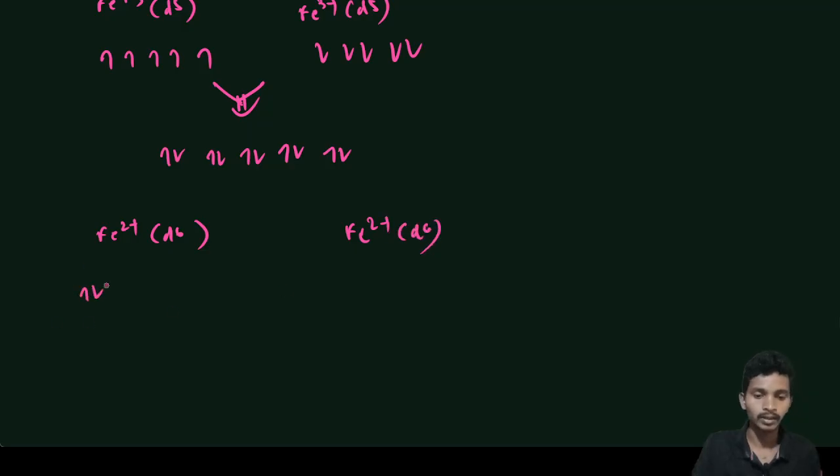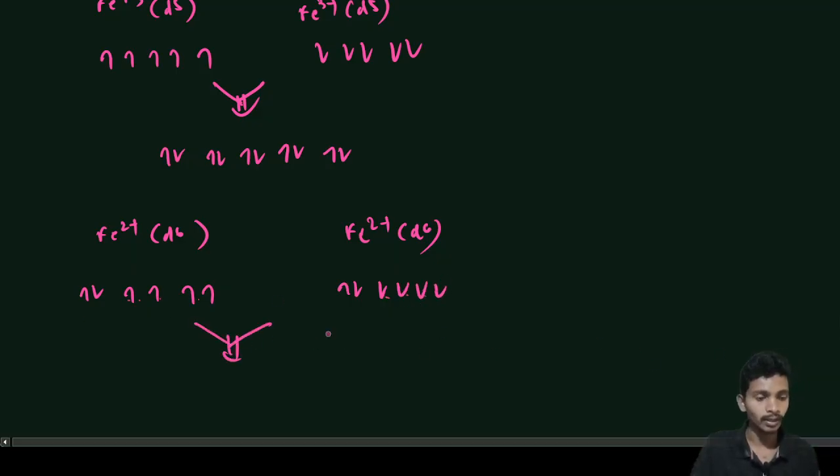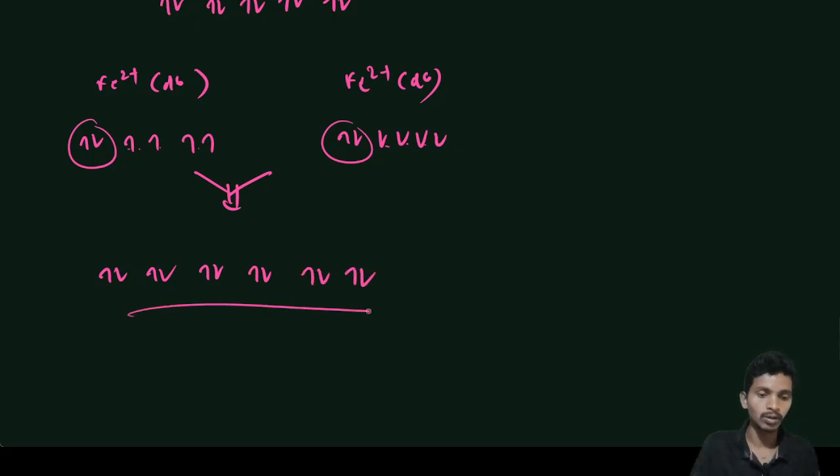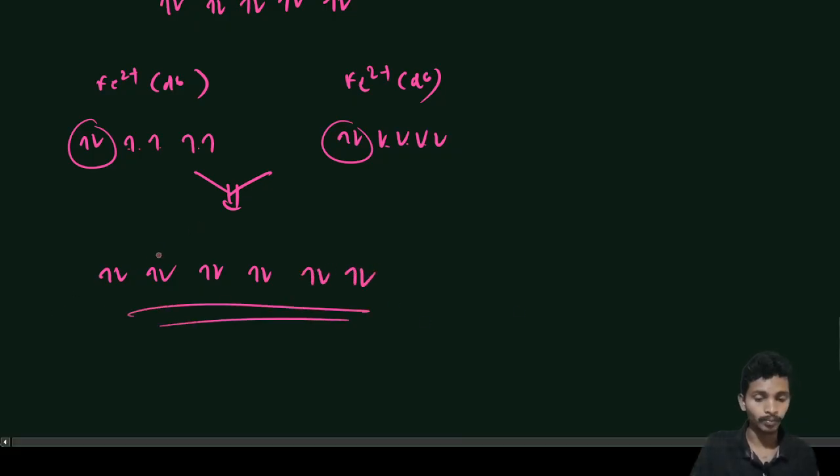So 1 2 3 4 5 6, here also 1 2 3 4 5 6. So if you decouple the paramagnetic coupling, you will get like this. These are already coupled, these 2, and these 4 again coupled. So all are paired, means no paramagnetic, means no unpaired electron. So this is ESR inactive.